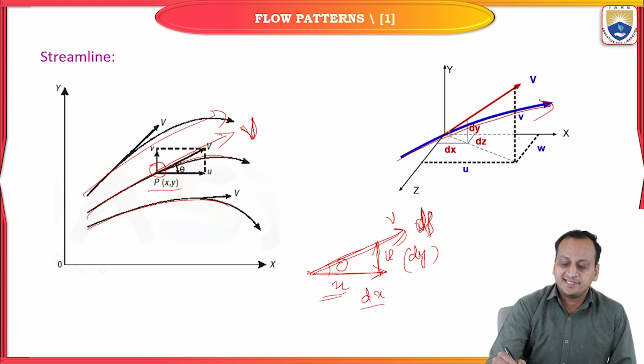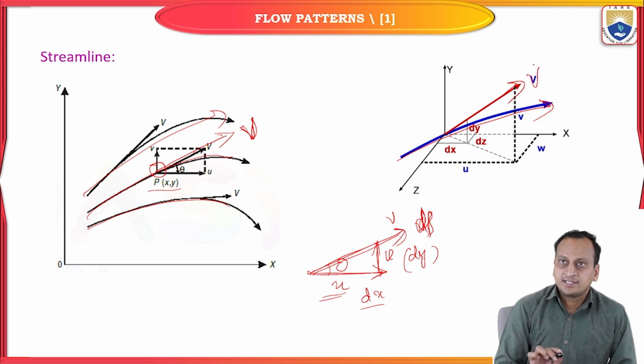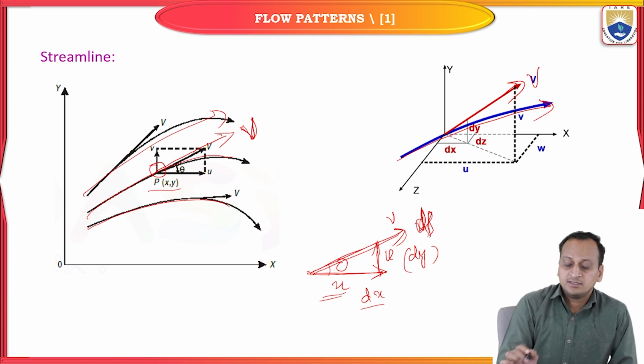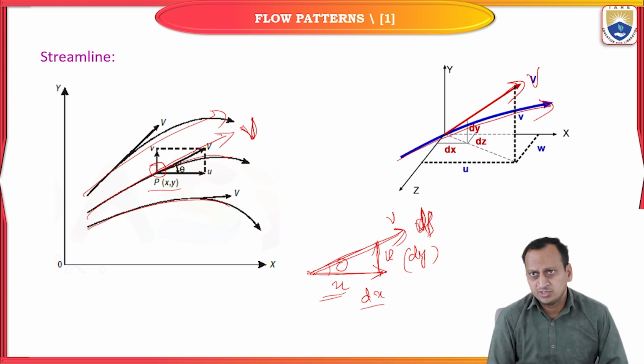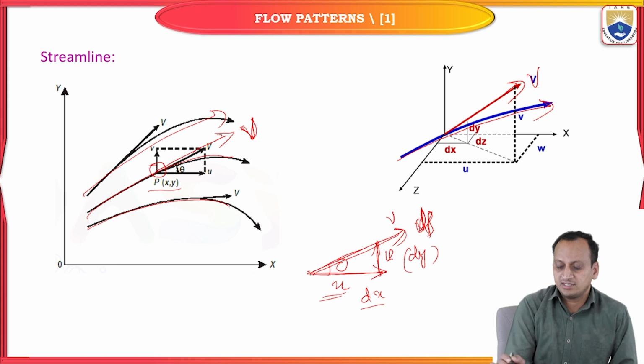At a particular instant, if you draw a tangent to that curve, that gives the velocity capital V. In a three-dimensional space, there will be three components of velocity, along x, along y, and along z. The displacements in those directions are dx, dy, and dz.